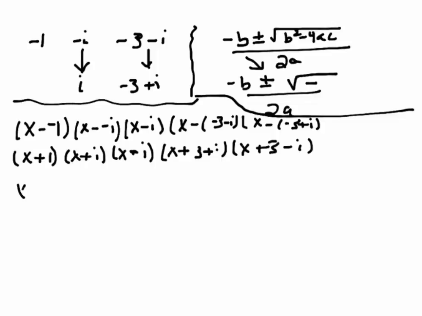So let's leave this x plus 1 for now. And then these two guys are conjugates. So when we FOIL them, the inners and the outers are going to drop out because they'll have negative ix and positive ix, which will make 0 ix. So you're just going to have your first, which would be x squared.